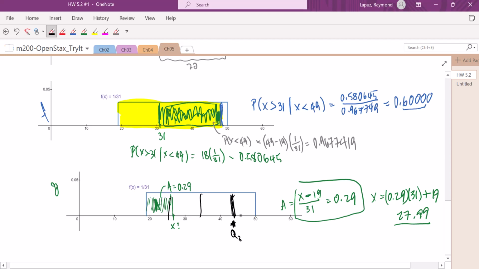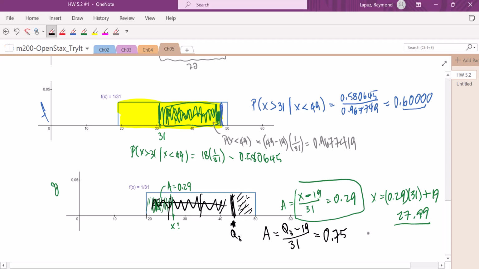We can find this area, which is going to be 25%, or the area to the left of that, which is 75%. So it's basically the same kind of deal. Let's focus on this area. The area is going to be 75%. It's Q3 minus the minimum base here, which is 19, multiplied by 1 over 31, and we want this to equal 75%.